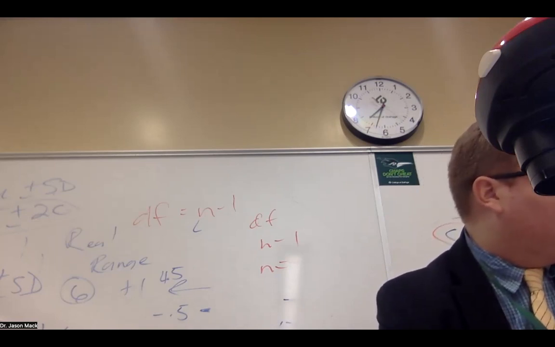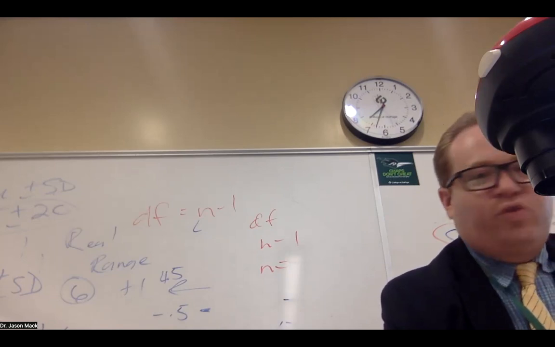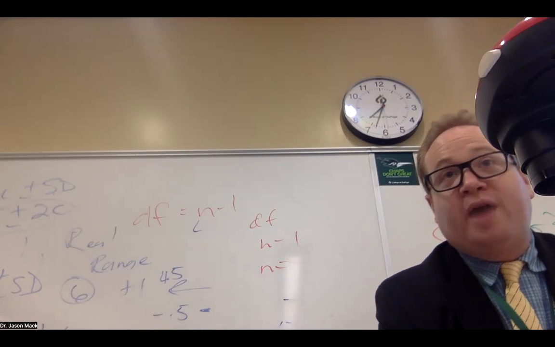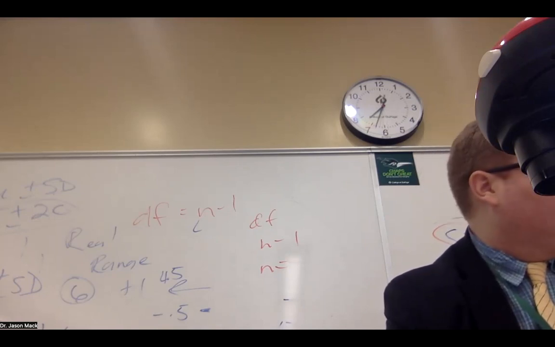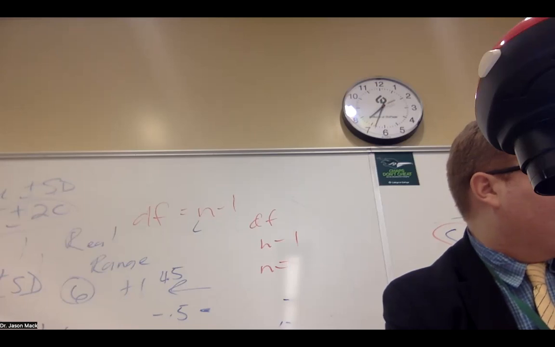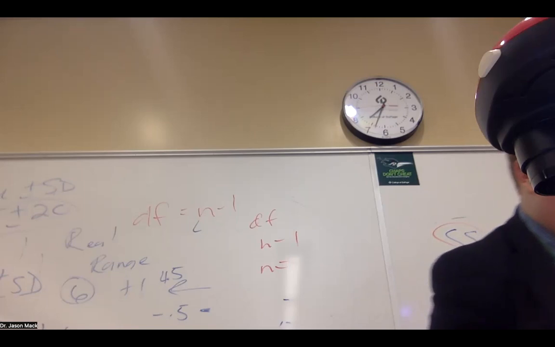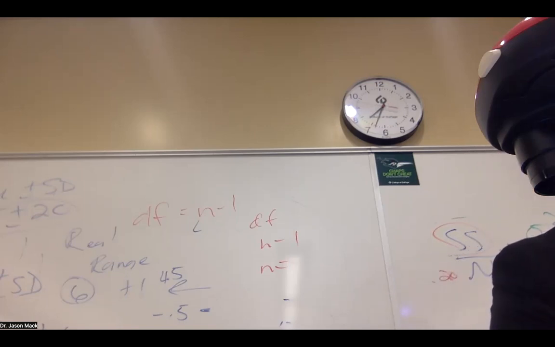Okay, so the next thing it asks us to do is it also has to include frequency, which we have, so we can do that pretty easily. This is frequency right here, those numbers right there. And you want to place those numbers next to it? Yeah, we can do that.